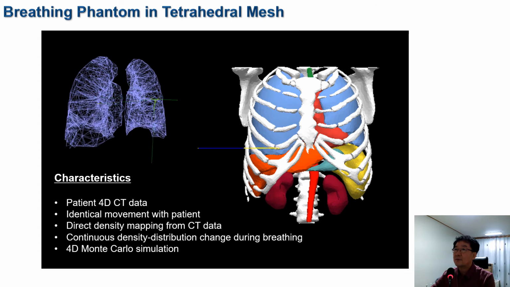Here you can see the phantom is moving, and at the same time the particles are also being transported, which is for the Monte Carlo simulation. Here the green shows the photons, and yellow shows the electrons, and in the torus phantom, the blue shows the protons, and the yellow shows the electrons.